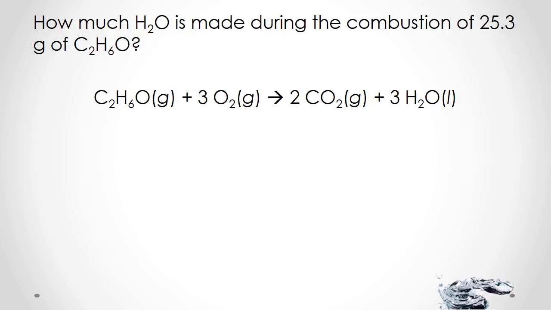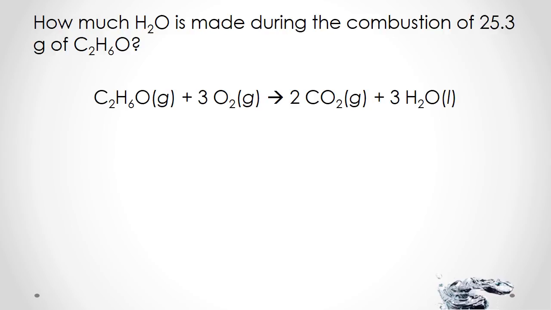Okay, so the first thing we're going to do is find our equation for the combustion of C2H6O, and that's going to be C2H6O plus 3O2 goes to 2CO2 plus 3H2O. So for every mole of C2H6O I have, I'm going to produce 3 moles of H2O.